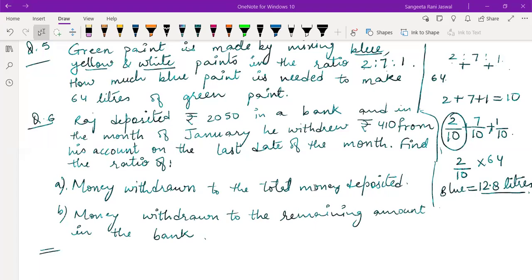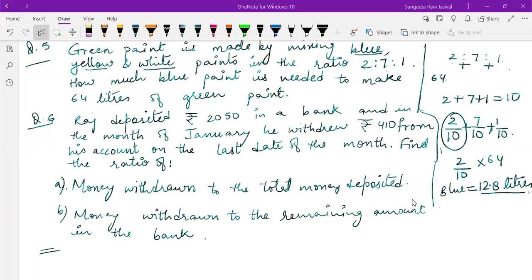Yes, ma'am. Ma'am, I have done it. Okay. Ma'am, I got the answers. Okay. Tell me. Money withdrawn to the total money deposited. Ma'am, 1:5. 1 is to 5. Okay.